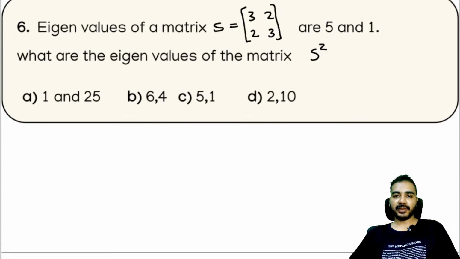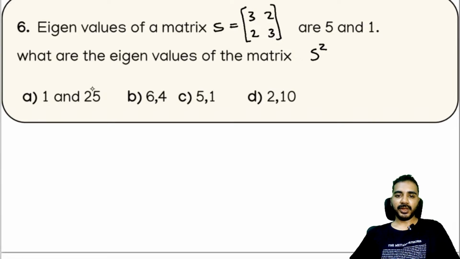Eigenvalues of a matrix S. A matrix S is given, 3 2 2 3, and its eigenvalues are given as 5 and 1. Then what are the eigenvalues of the matrix S square? This is directly from the property of eigenvalues.